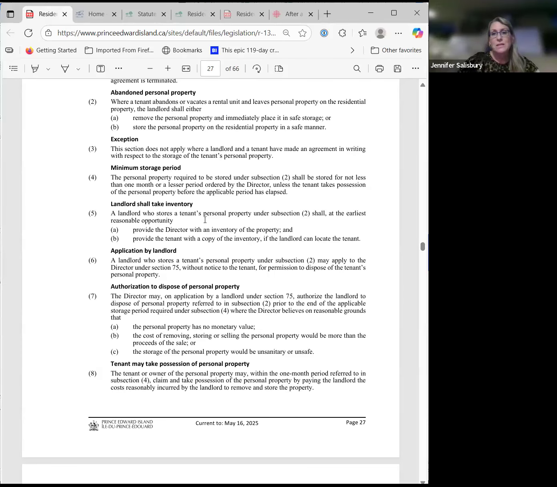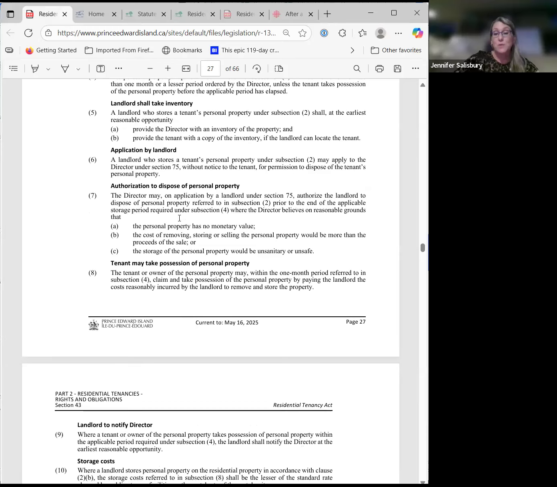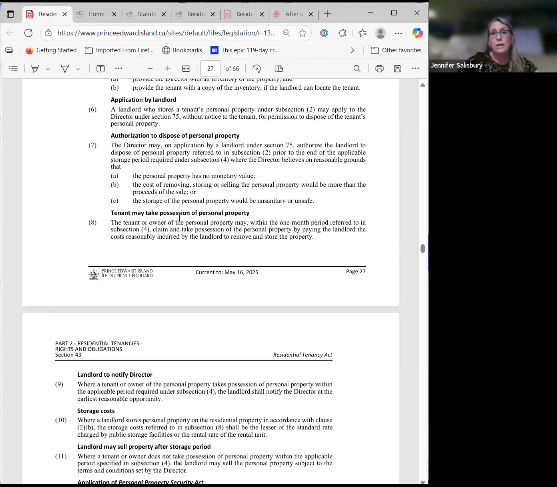So a landlord who stores a tenant's personal property may apply to the director without notice to the tenant for permission to dispose of the tenant's personal property. The director will then rule and authorize the landlord to dispose of personal property on reasonable grounds, if the personal property has no monetary value, or the cost of removing, selling, or storing the personal property would be more than the proceeds of a sale, or the storage of the personal property would be unsanitary or unsafe, which can happen.